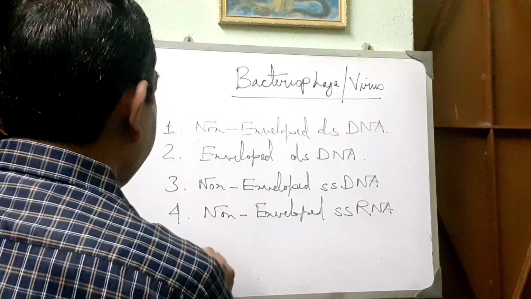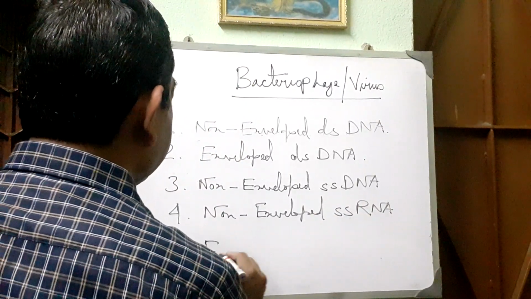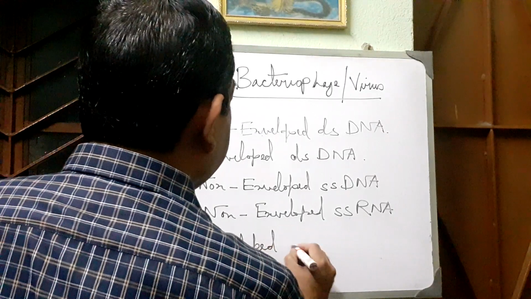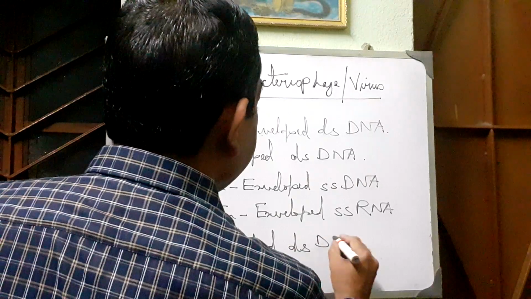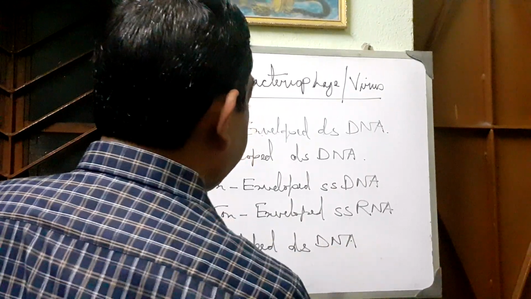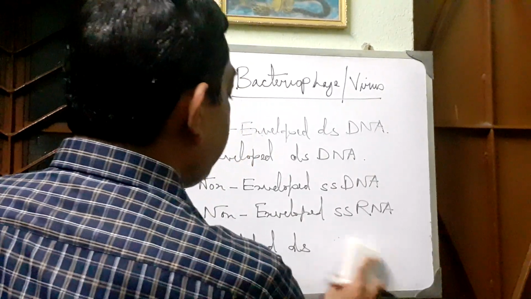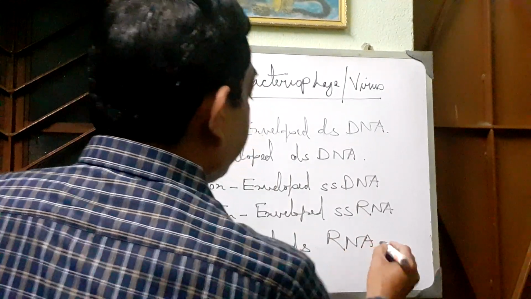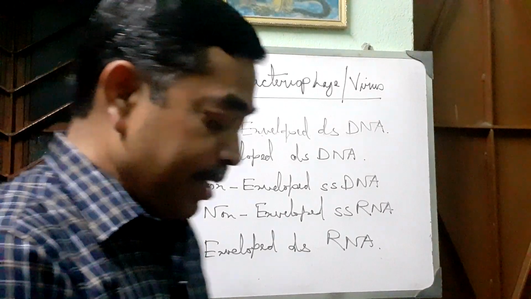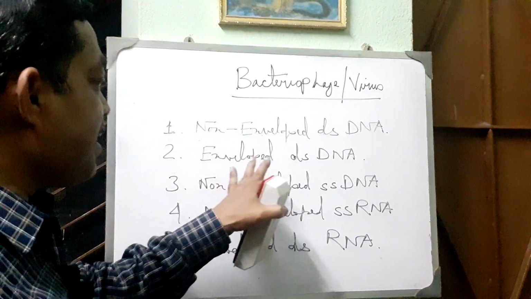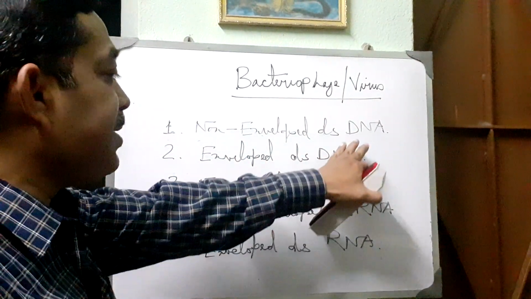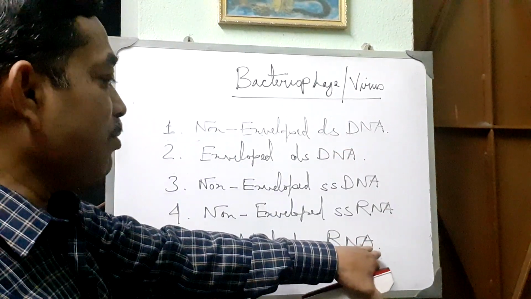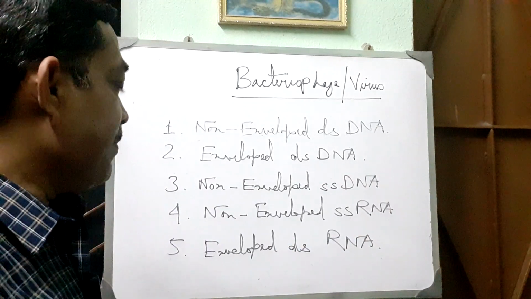And fifth one is the enveloped RNA. So these are the main 5 groups of bacteriophage generally present. So you can see this virus will contain either DNA or RNA, deoxyribonucleic acid or ribonucleic acid, in its particle.